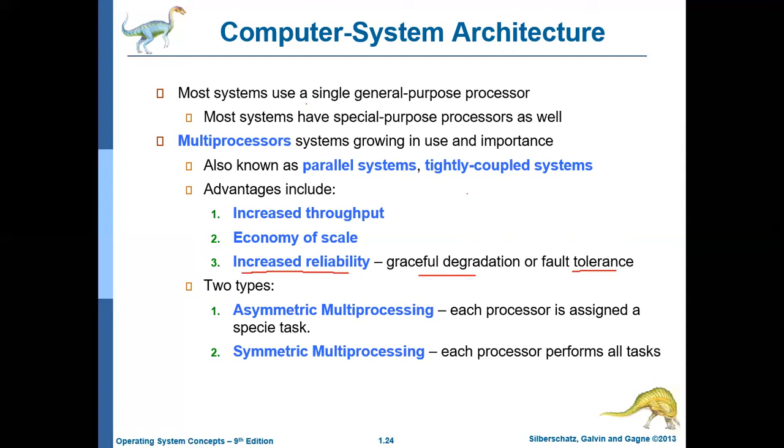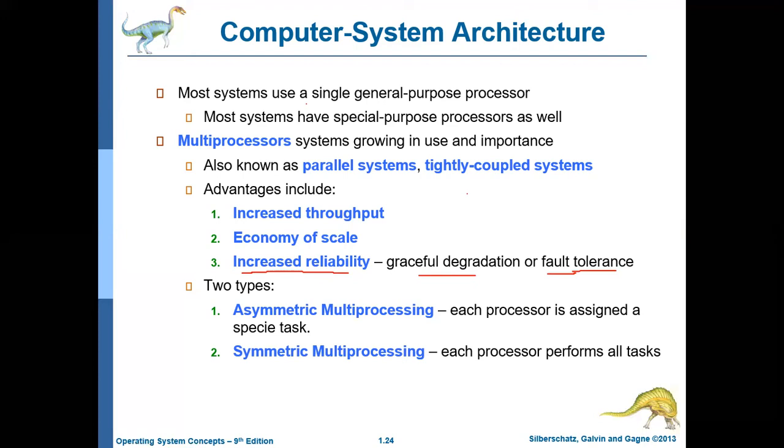Whereas there is another type, which is called fault tolerance. A fault tolerant system is one where, in spite of hardware failure, the system will continue to perform its function without any compromise in performance.